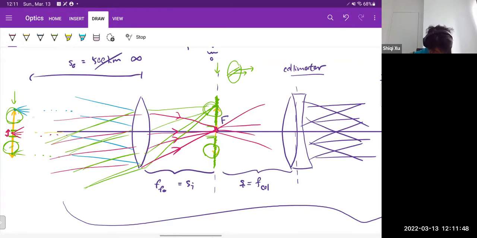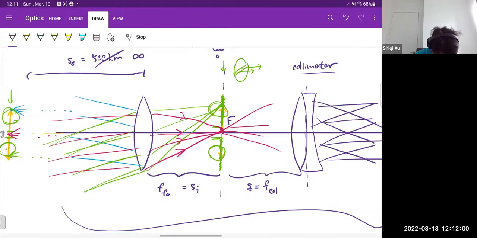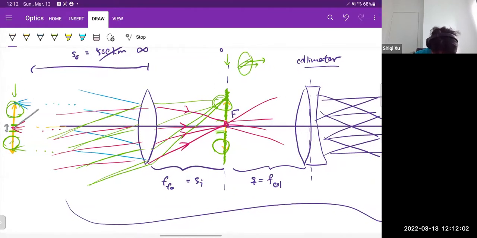But let me use a different color. The tablet has fewer colors, and I have a grievance with that. Let's say this. Okay, so this bit of light that we have in this direction, if that makes sense, because once again, this object also goes into the page.